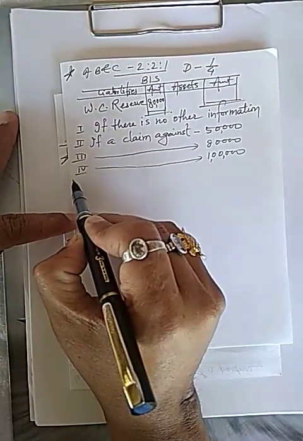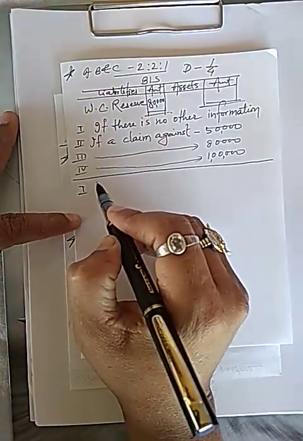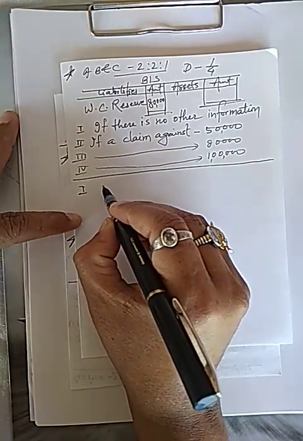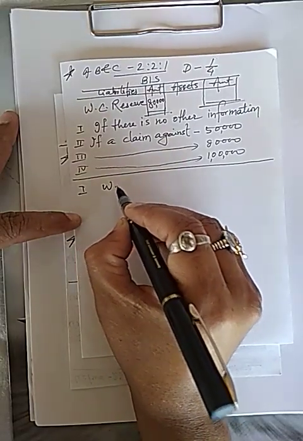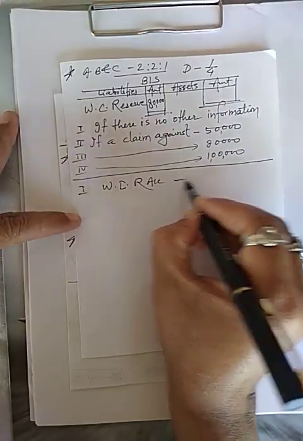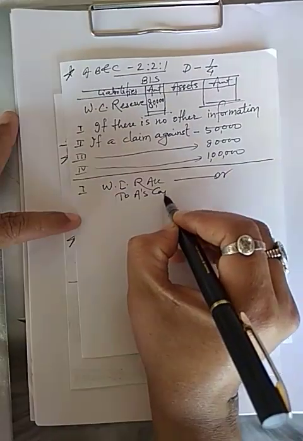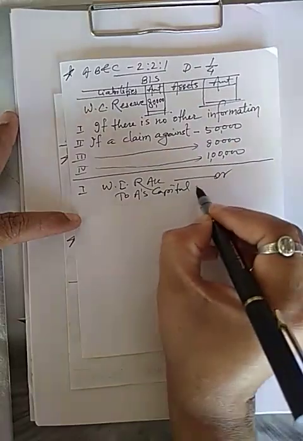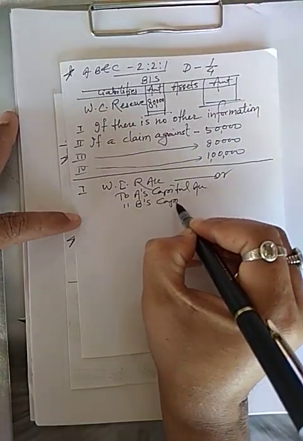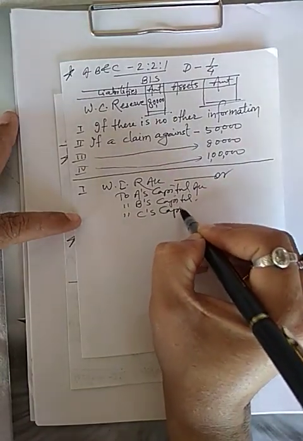Now, I am going to solve the first case. For the first case, the journal entry will be: Workmen compensation reserve account DR, to A's capital account, to B's capital account, to C's capital account.